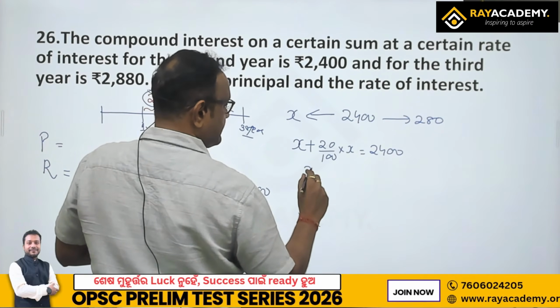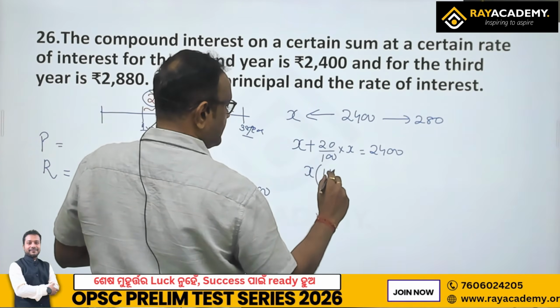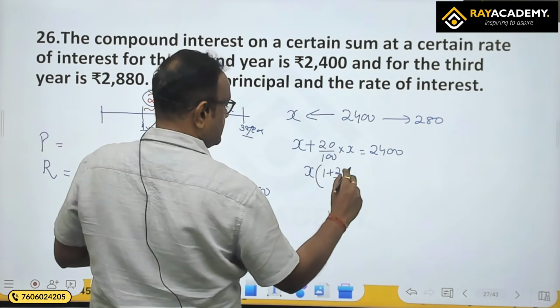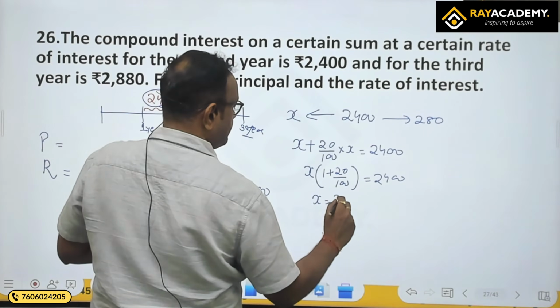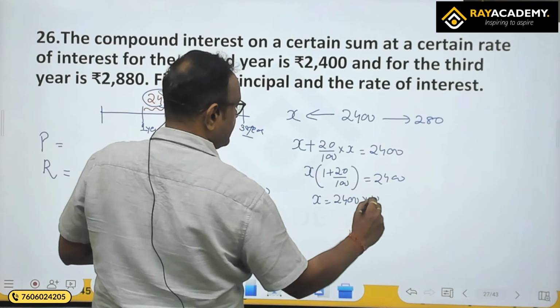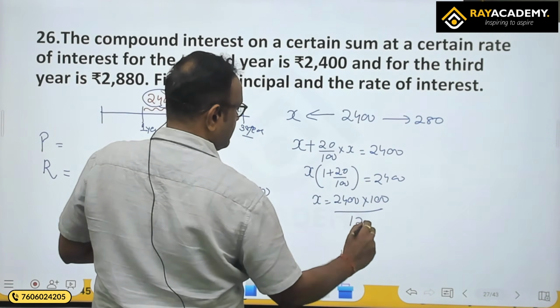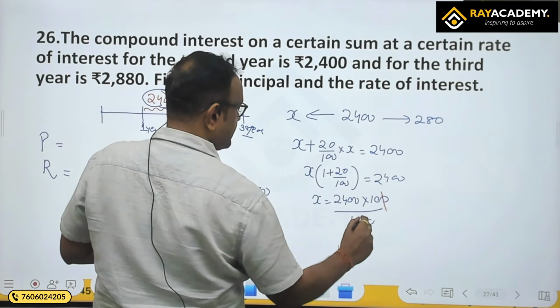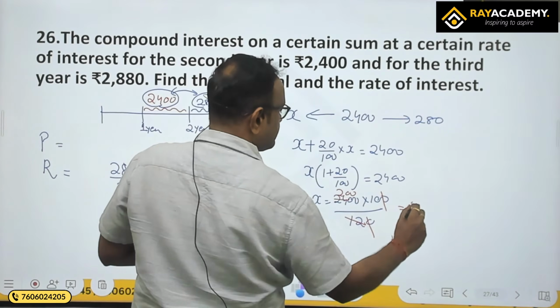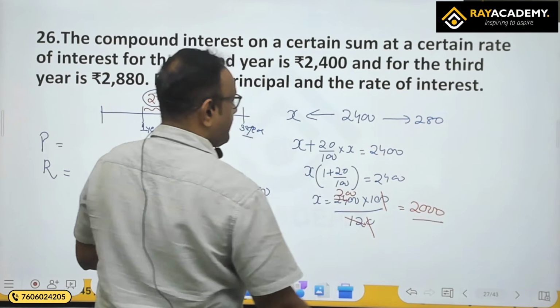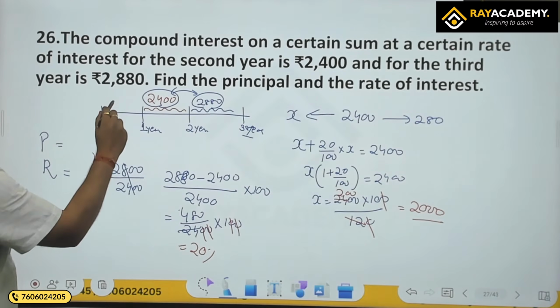So x into 1 plus 20 by 100 equals 2400. So x is 2400 into 100 divided by 120, which becomes 2000. So your first year interest is 2000.